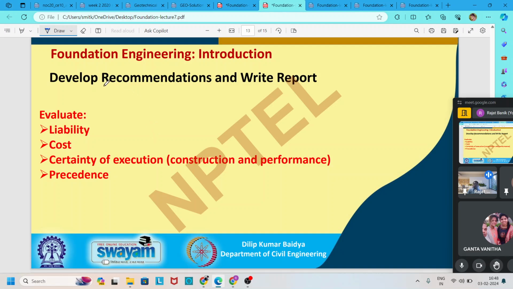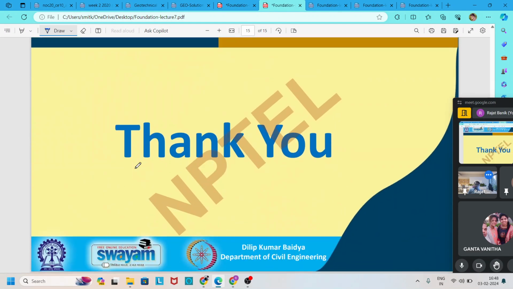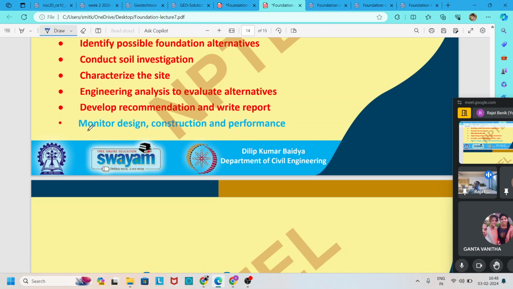Then develop some recommendations or write a report which is based on liability, cost, certainty of execution and precedence. So at last we monitor the design, construction and performance.